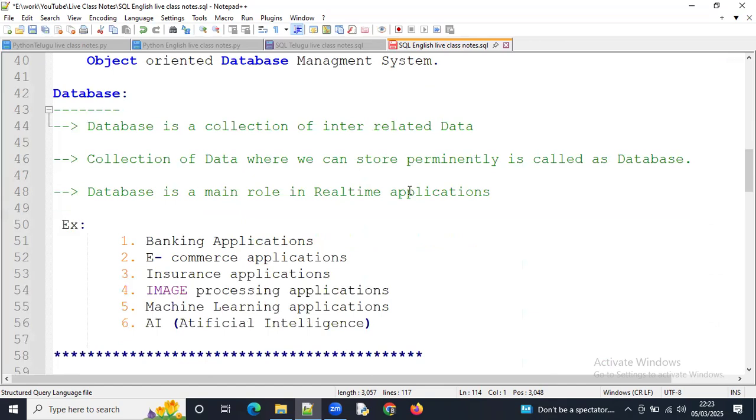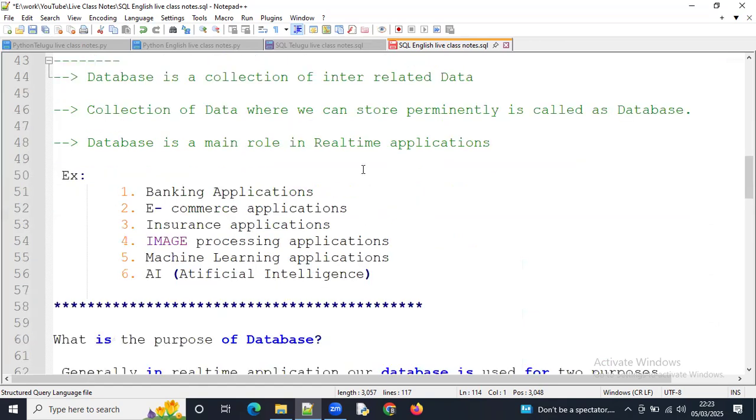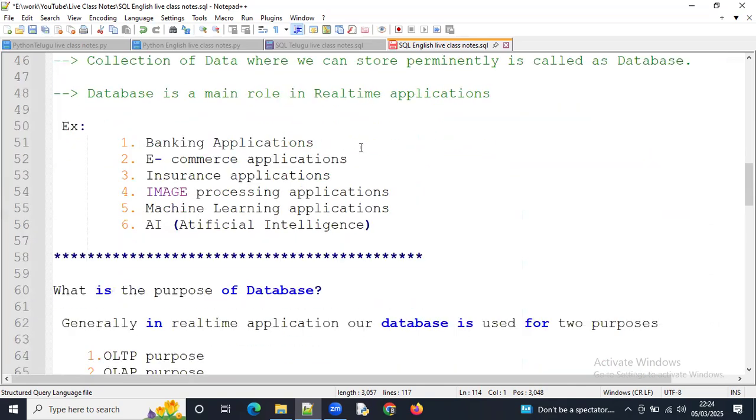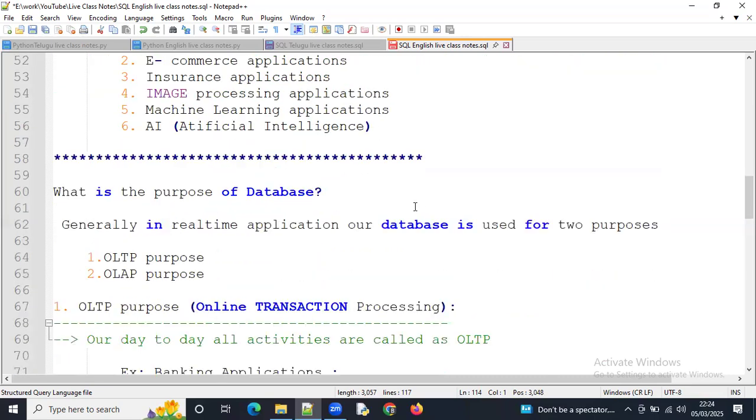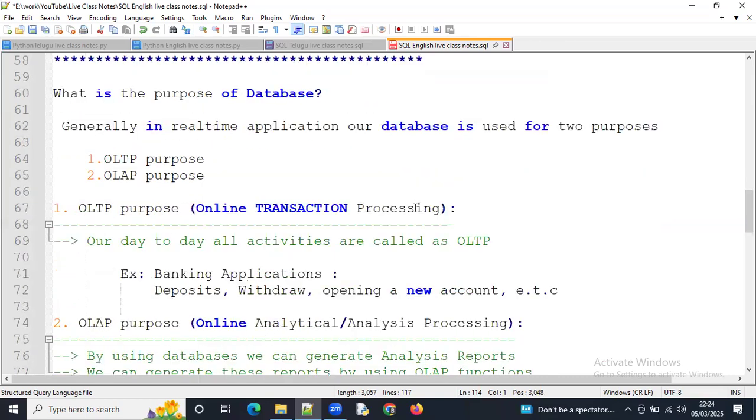What is a database? A database is a collection of interrelated data, and the main real-time applications of databases are in banking applications, e-commerce, email processing, machine learning, and artificial intelligence. What is the purpose of a database? A database is used for two purposes.